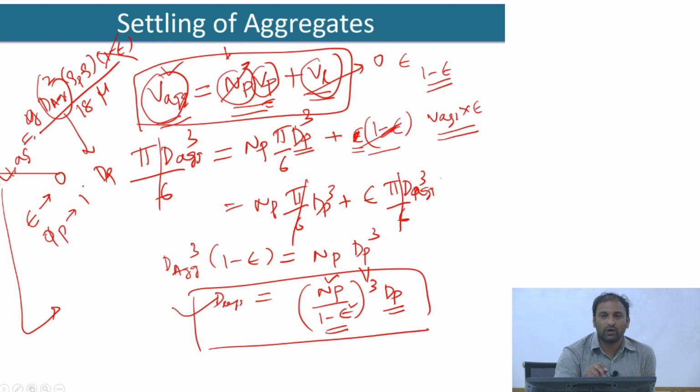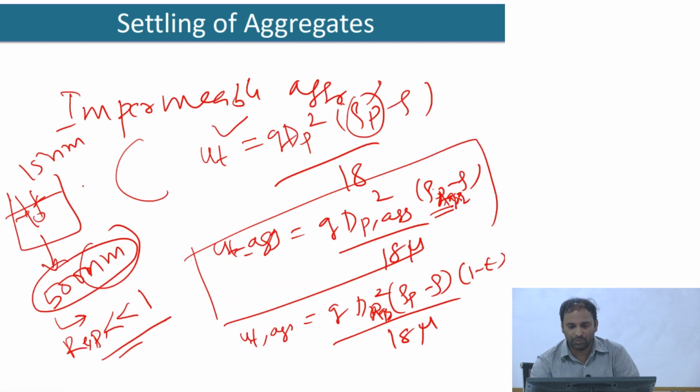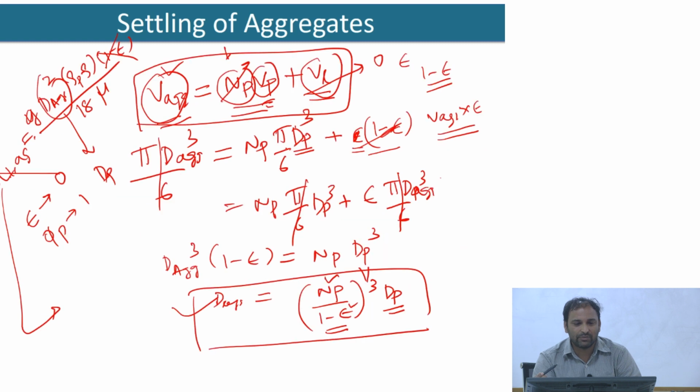So, essentially, whatever formalism we wrote up here, extending what we had for single particles to aggregates, does make sense, because I am able to recover that limiting case of single particle settling. Now, what I can do is substitute for d aggregate in terms of this quantity into the settling velocity expression.